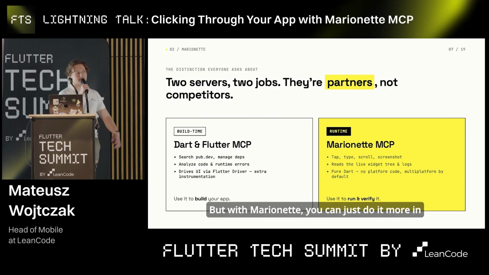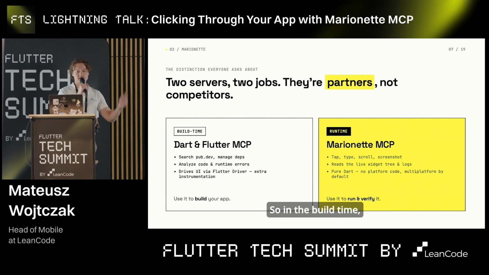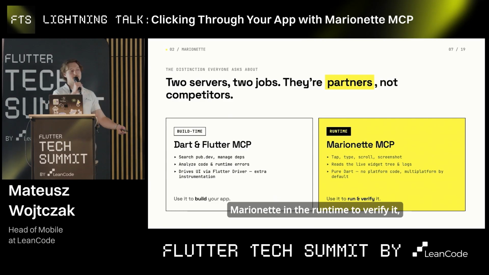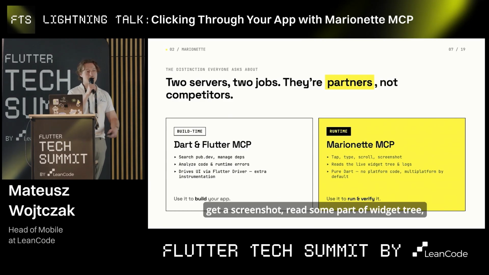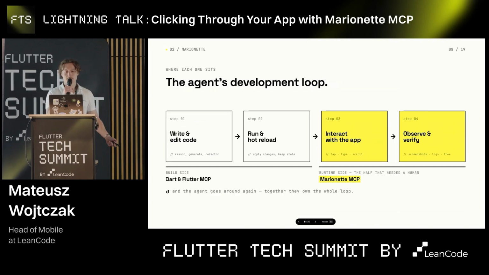But with Marionette, you can do it in a more lightweight way, and especially in the runtime. So in the build time, you use Dart and Flutter MCP. You build a feature, and then you use Marionette in the runtime to verify it, to tap, to type, scroll, get a screenshot, read some part of the widget tree, all the stuff that would be useful for you as a human.